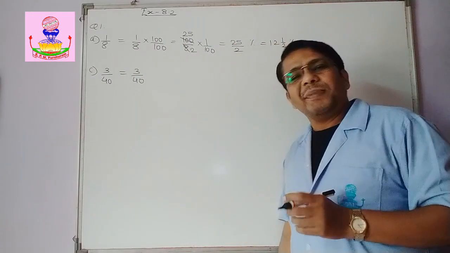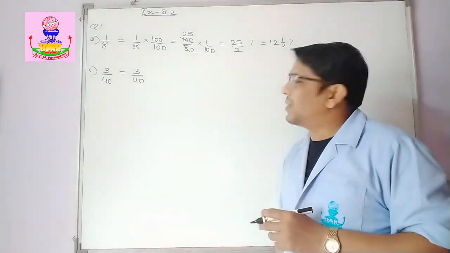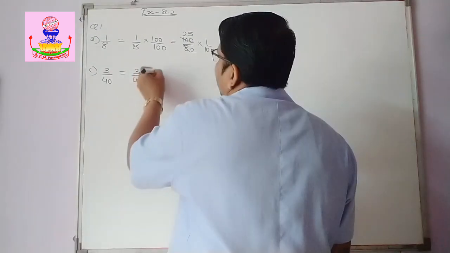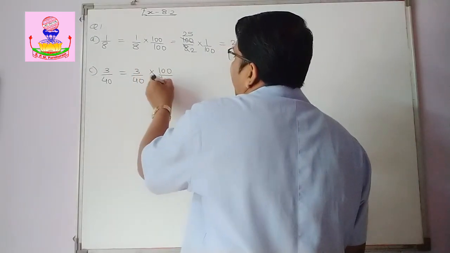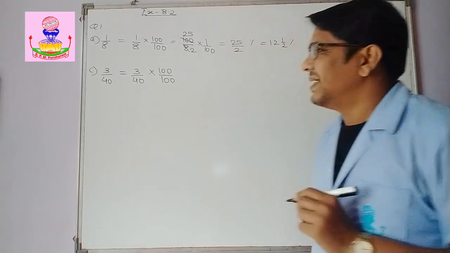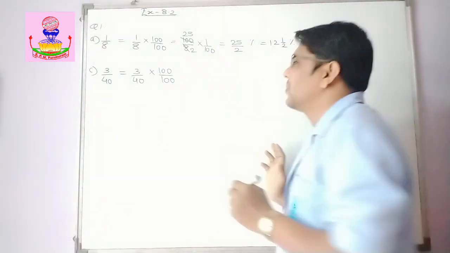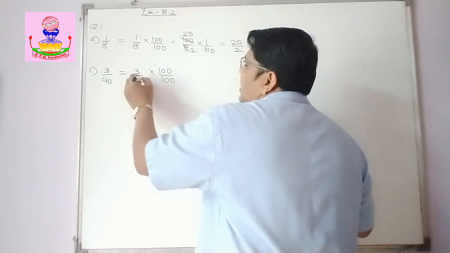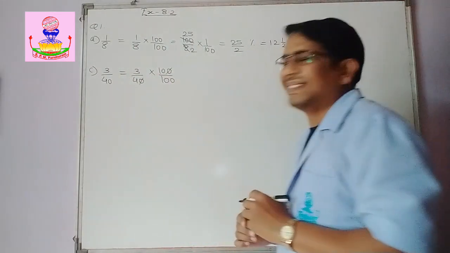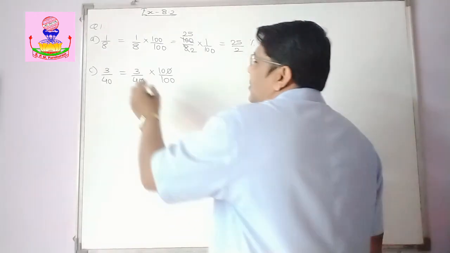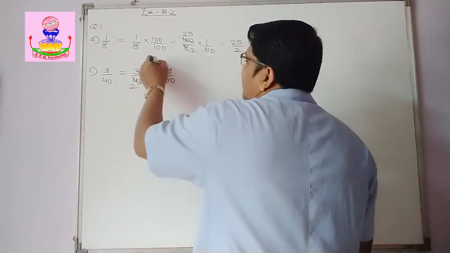Now again, if you see, 100 is not a multiple of 40. Okay, so what do you do? Simple method. Multiply by 100 and divide by 100. Now don't touch this. Just cancel this if possible. So 1 0 gets cancelled. Right?